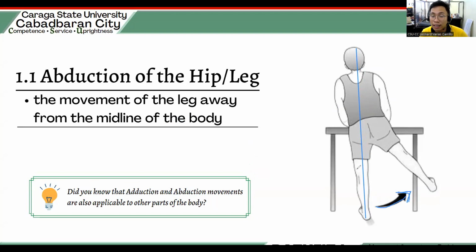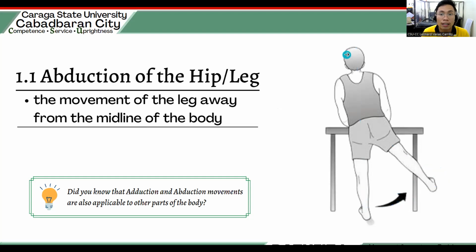The normal standing position of a person is with both feet on the ground, right? And if you are going to abduct your hip or your leg from the midline, of course, you move it sideways. So that is the abduction of the hip and leg.